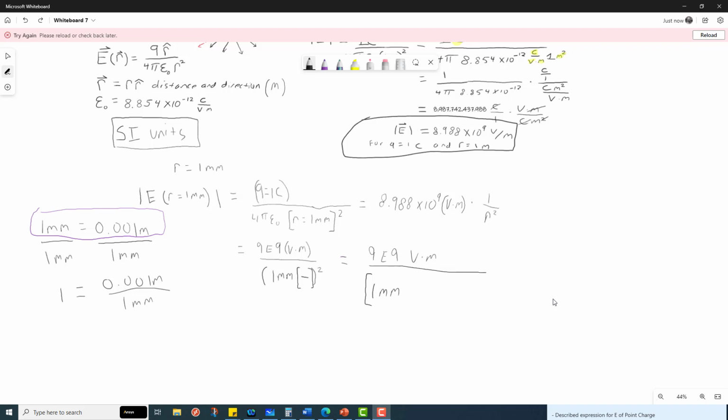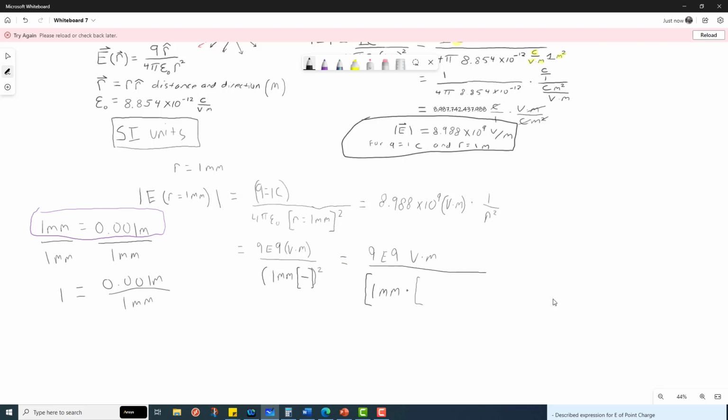So what I'm going to do is multiply this by 1. I'll put a multiplication sign here and add another bracket. This is going to be my unit conversion. So 1 is equal to 0.001 meters over 1 millimeter.